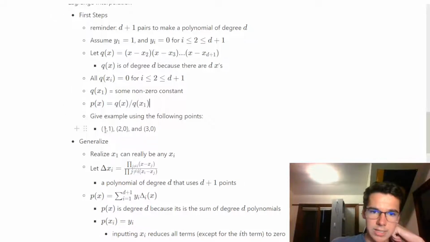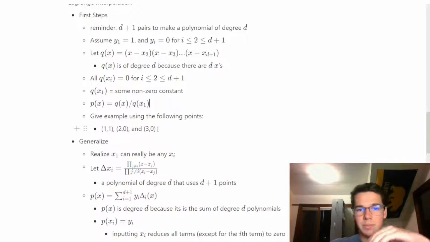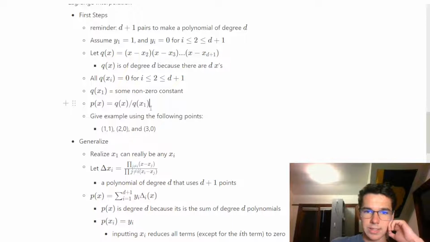So clearly x_1 has a y_1 of 1, and then every x_i from 2 up to d plus 1 has a y_i that's 0. And basically we create this polynomial, which is going to be x minus 2 times x minus 3, and we put that on top and we divide it by that same polynomial evaluated at 1.